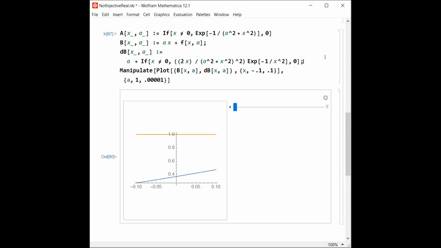Actually, I should probably change the definition. It really probably shouldn't be 0 at 0. What should it be? When x equals 0, it should really be negative 1 over a squared. Should I really fix this?